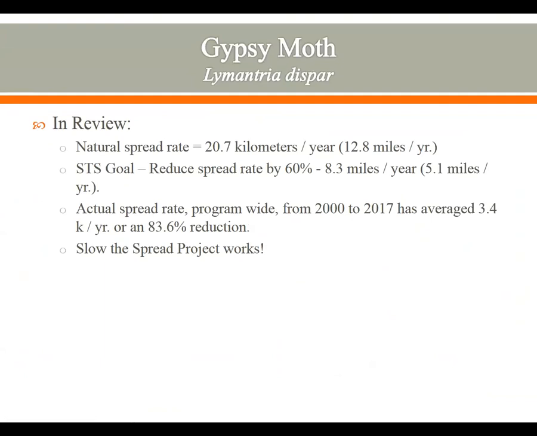So the slow spread project is working with the barrier zones, with the trapping and the decision algorithm that we use to project where we have our potential problem areas and take action against that. So our 60% goal is being met with our 83.6% result.